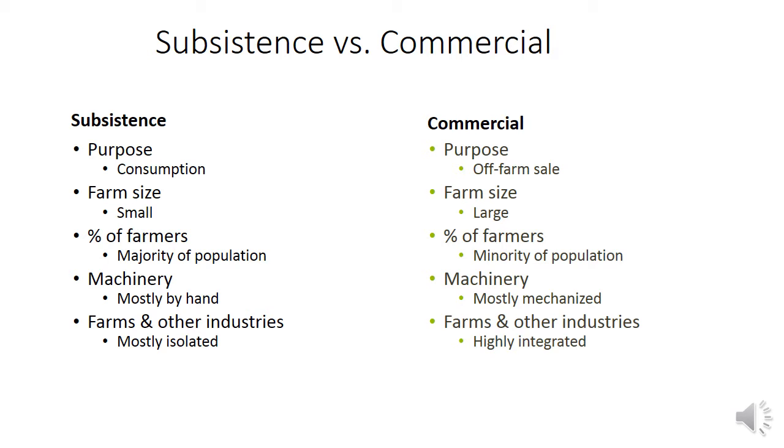Those are not heavily involved in the subsistence farmer's life. In commercial agriculture, giant agricultural researchers like Monsanto or things like that, transportation companies looking to help you transport the many tons of rice or grain from your farm to a market, all those other industries might be heavily involved and highly integrated into commercial agriculture.